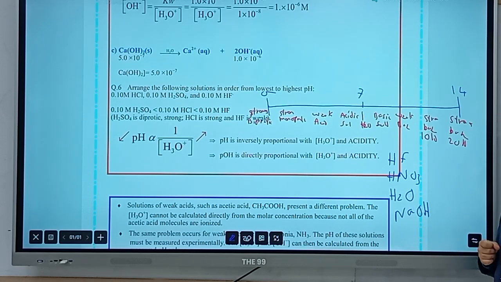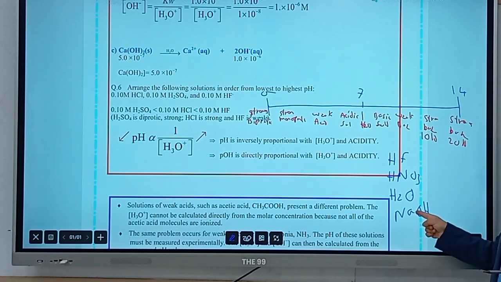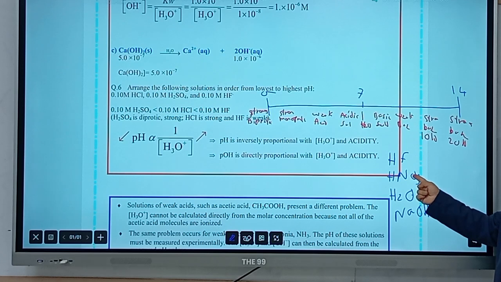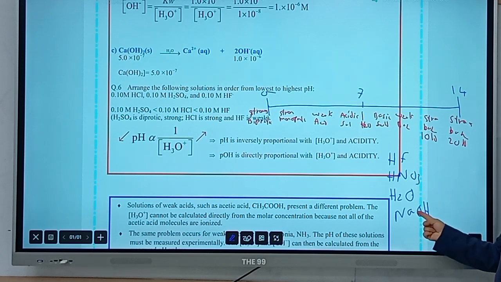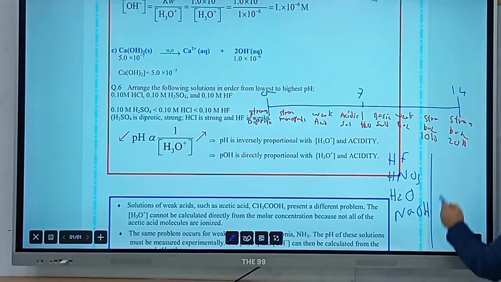H2O. Equal pH and pOH, H2O. Which of them has the highest hydronium concentration? HNO3. Highest hydroxide concentration, NaOH, has the highest pOH. We talked about pH. This has the least pH and the highest pOH. This has the highest pH but the least pOH. That's how we can determine and answer the questions.